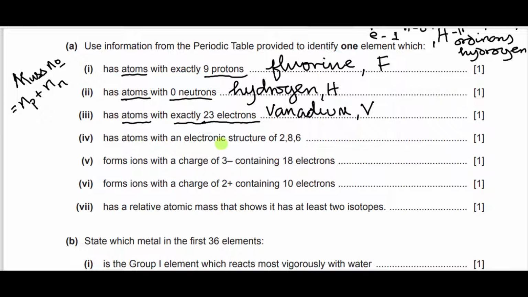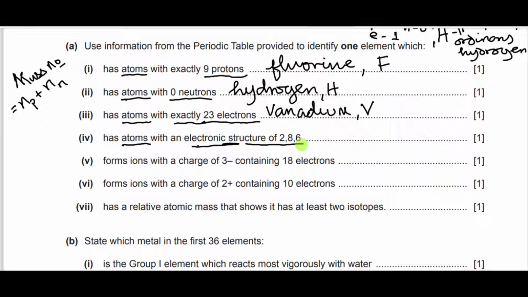Has atoms with an electronic structure of 2.8.6. Now electronic configuration is based on the number of electrons in the atom of the element. That's the way the electrons are arranged.